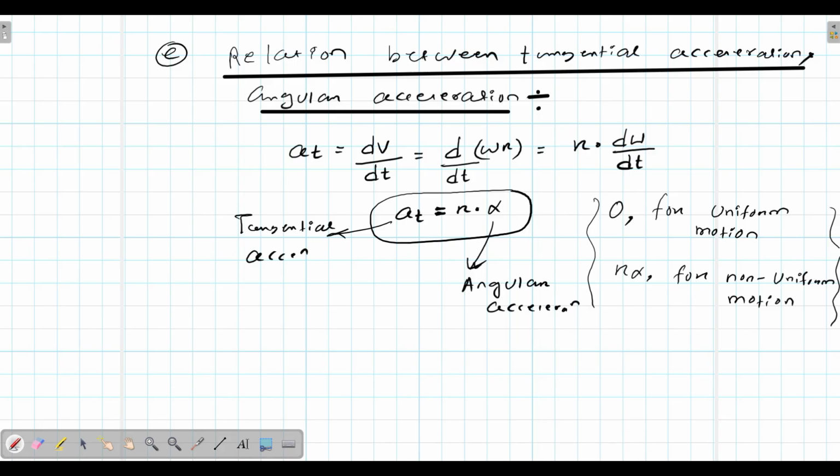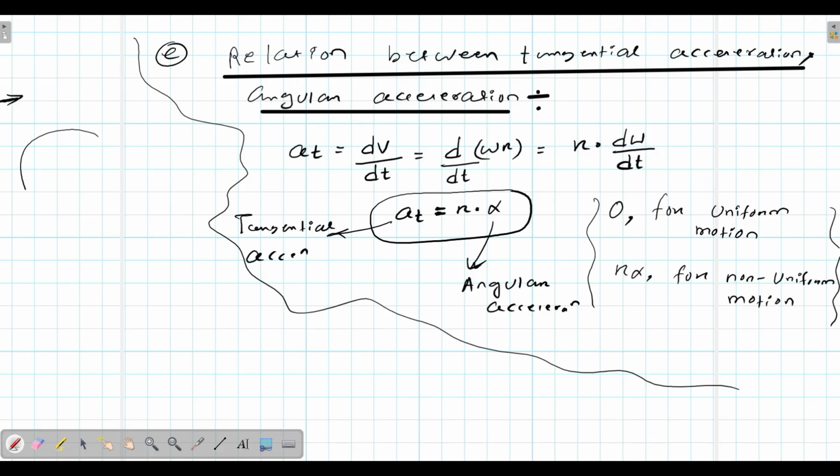So when a body moves on a circular path, this is the centripetal acceleration, this is the tangential acceleration.